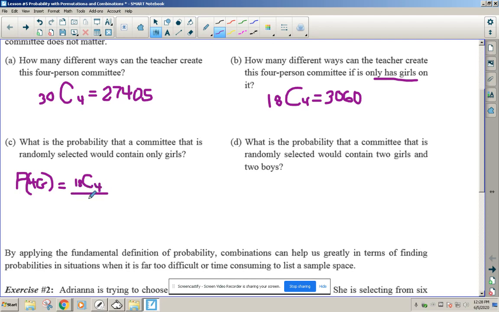Because this was what I wanted, and this is what I have. So I would have 3,060 out of 27,405.